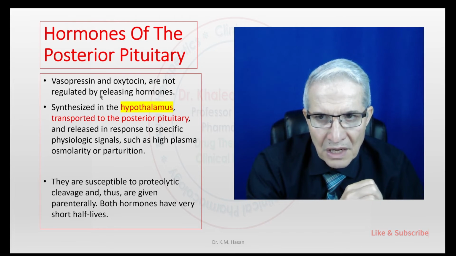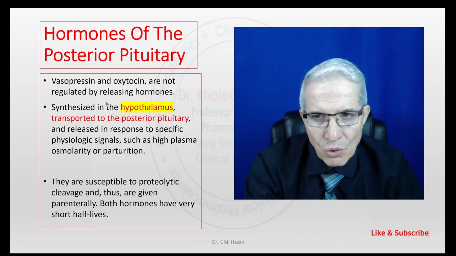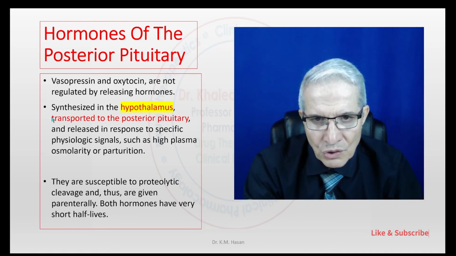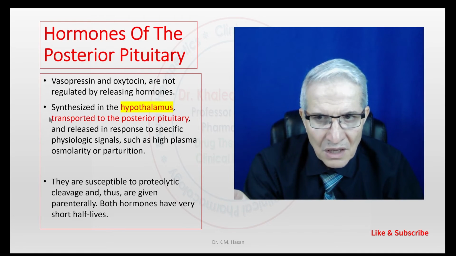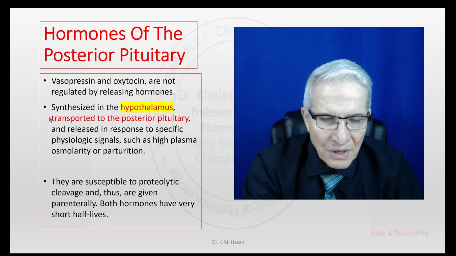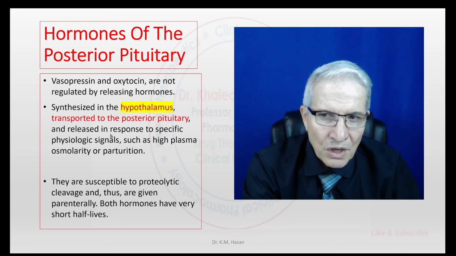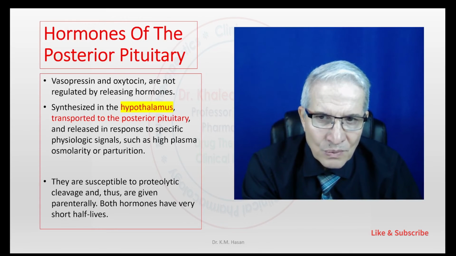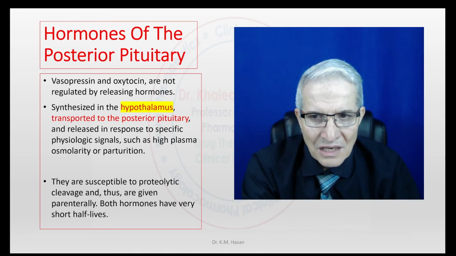Vasopressin and oxytocin are not regulated by releasing hormones. These two hormones are synthesized in the hypothalamus. We need to focus on this one. Oxytocin and vasopressin are synthesized and released from the hypothalamus, and these hormones will be transported to the posterior pituitary lobe, where they will be stored and released in response to specific physiological needs.